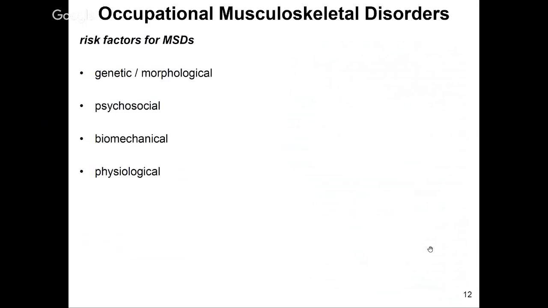Your psychology and social environment. In ergonomics, we often think of the physical environment first and most. But our social environment and our psychology will also affect our risk for musculoskeletal factors.